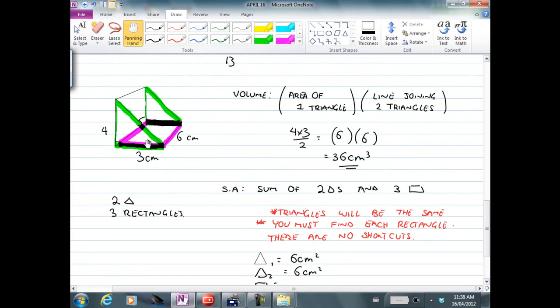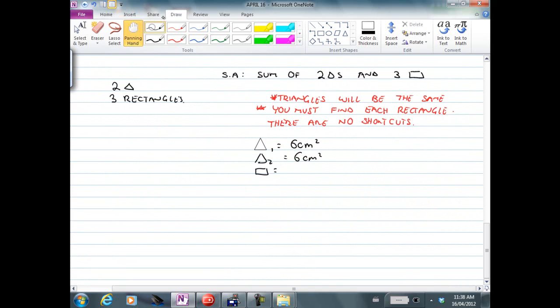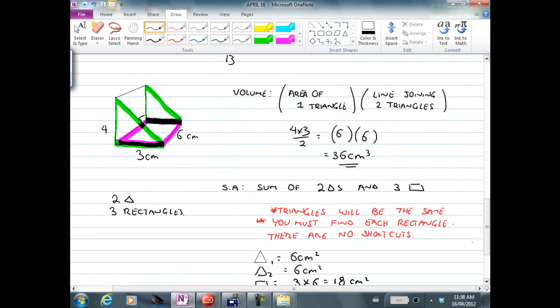So what numbers am I using to get that purple rectangle? 18 is correct. You went 3 and 6. So which is 3 times 6, which is 18 cm squared. Notice I'm not using any shortcuts. You can't use shortcuts here. You got to define it separately on its own.